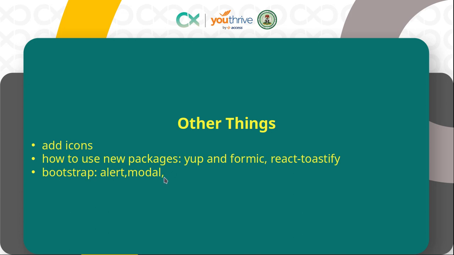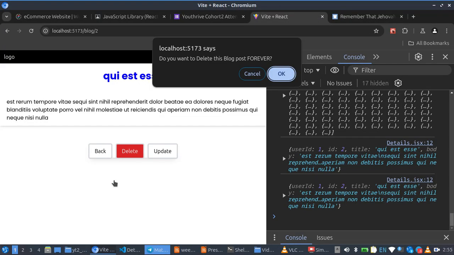Any of them we can use to build. So instead of building a customized alert pop-up, I'll show you how to use Material UI to do that. So we are going to add the icons, then React Toastify, before I actually switch to the offline JSON server. So let's begin to do that.